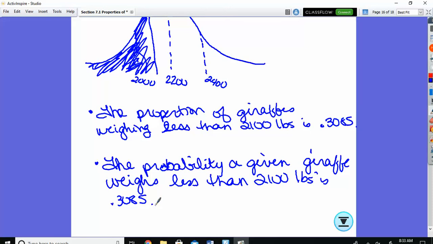So we're either looking at it as the probability that something could happen, or looking at the giraffes that I have describing how their weights are distributed.